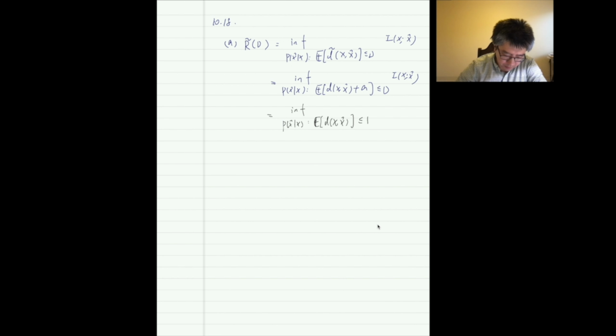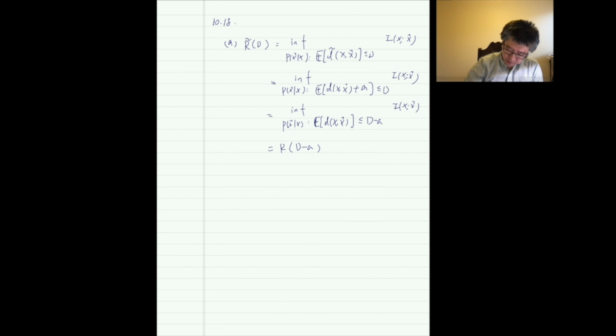That is less than D minus A. Okay, so now this is the definition of R(D minus A). Okay, and this is the relationship between R tilde and R.